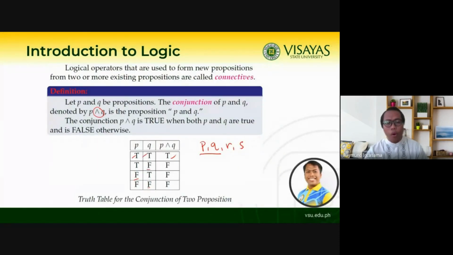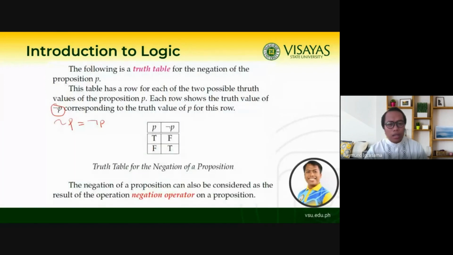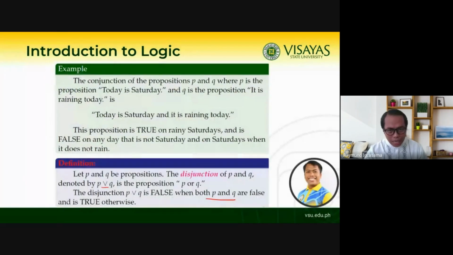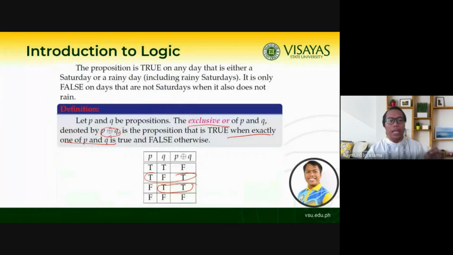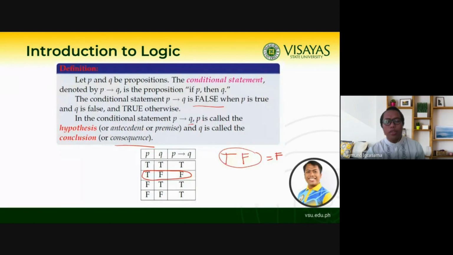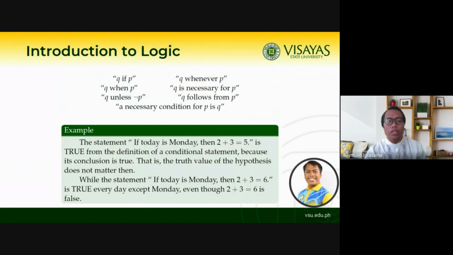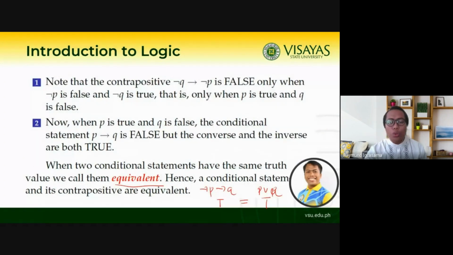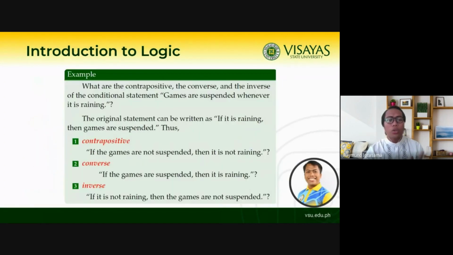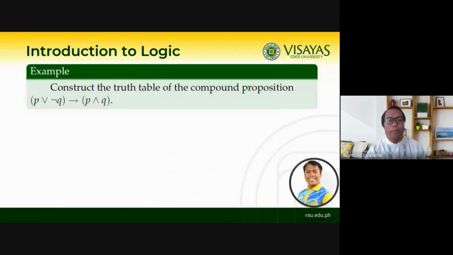So the exclusive or will become true only if there is exactly one true. Okay? So, ma-true lang siya when there is exactly one true. Okay? Tapos, we have the conditional statement, ma-false kung ang combination is TF. Ma-false kung TF. And then we have the biconditional statement, ma-true kung the same og value ang duha. Moro na imo tigamnan. Okay?